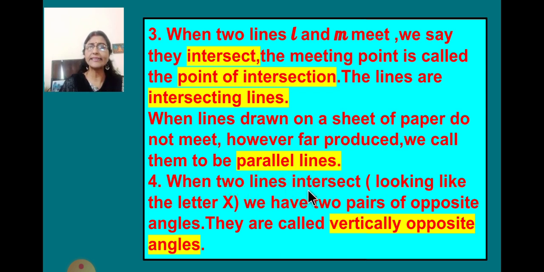When two lines intersect looking like the letter X, we have two pairs of opposite angles, and they are called vertically opposite angles.